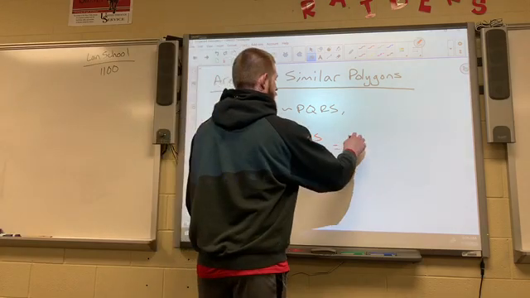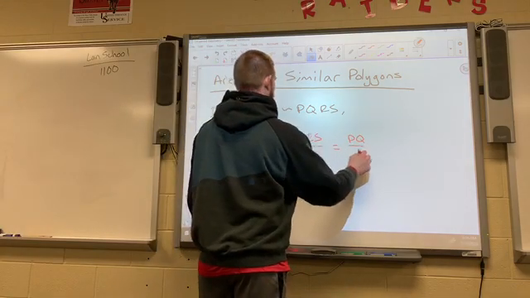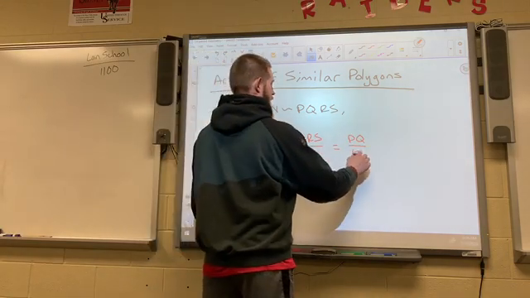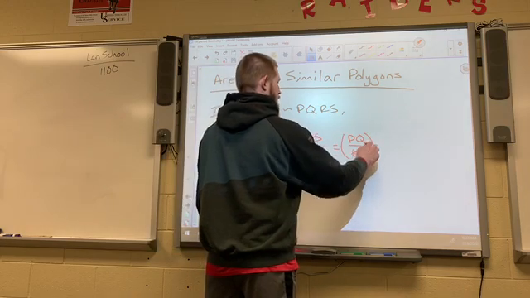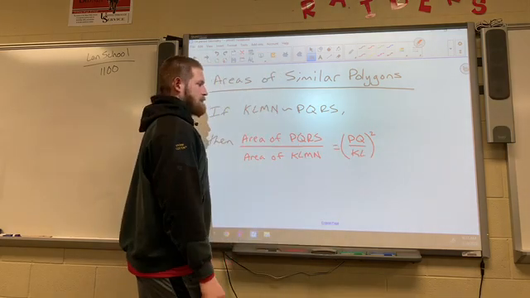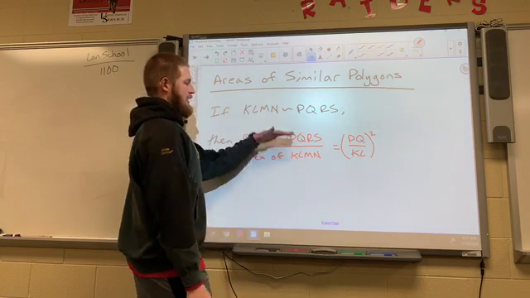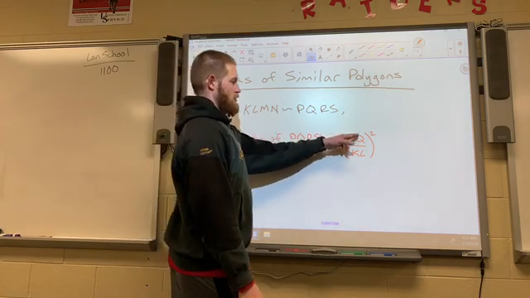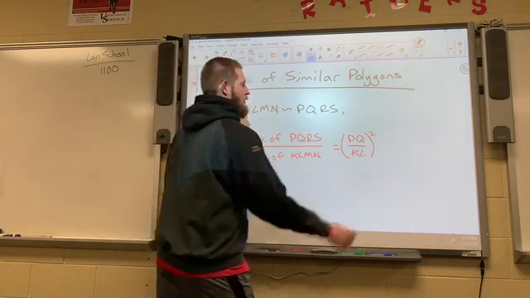So PQ over KL squared. Okay, so the ratio of the areas is equal to the ratio of the sides squared.